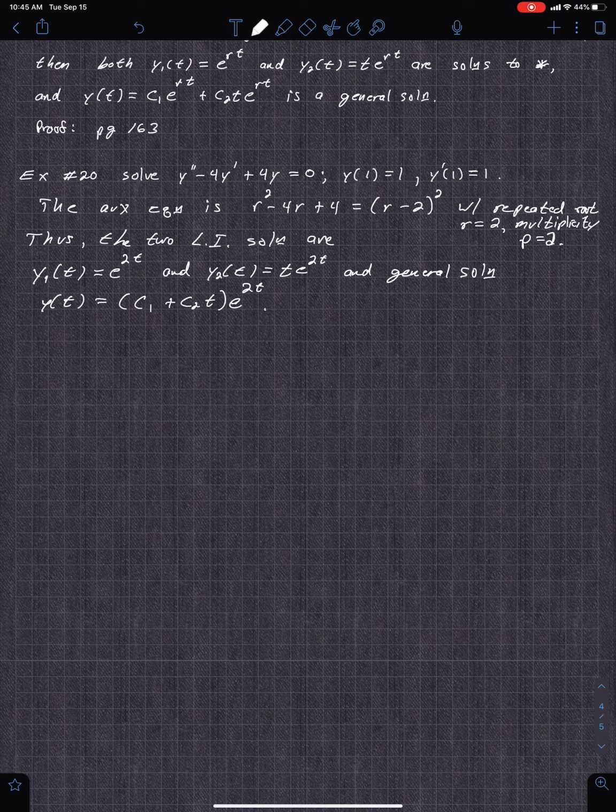So, given that we have initial conditions, we can solve that for C1 and C2. Now find C1 and C2 by using the initial conditions.